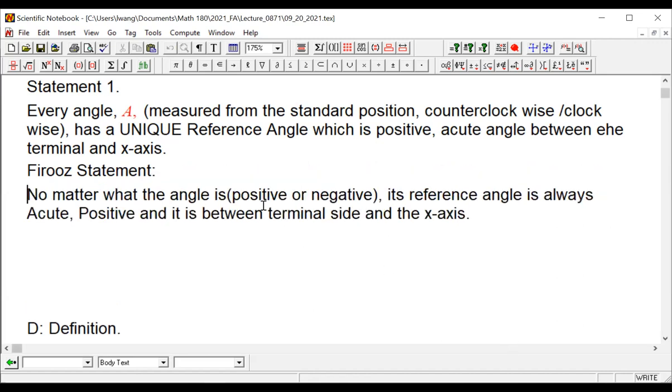No matter what the angle is, positive or negative, its reference angle is always acute, positive, and is between the terminal side and the x-axis. So this is Farouz's statement. I'm going to call it statement number 2. Statement number 3.